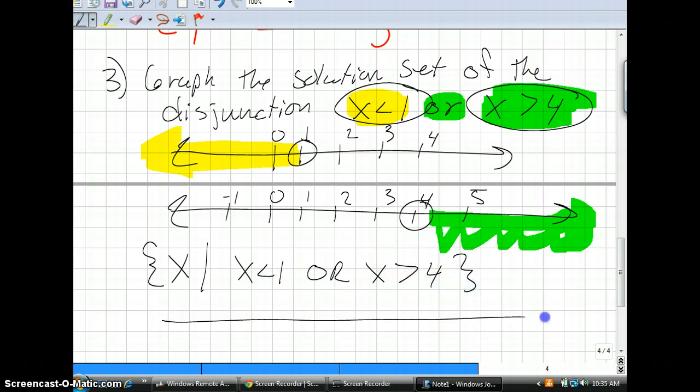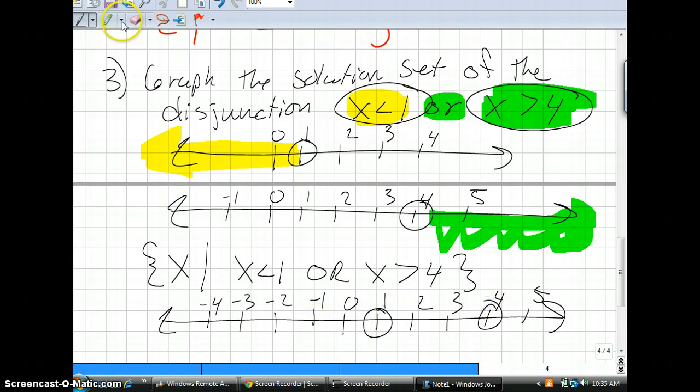Okay? And the picture would be open circle on 1, open circle on 4, and then the solution would be everything to the left of positive 1 and everything to the right of positive 4.